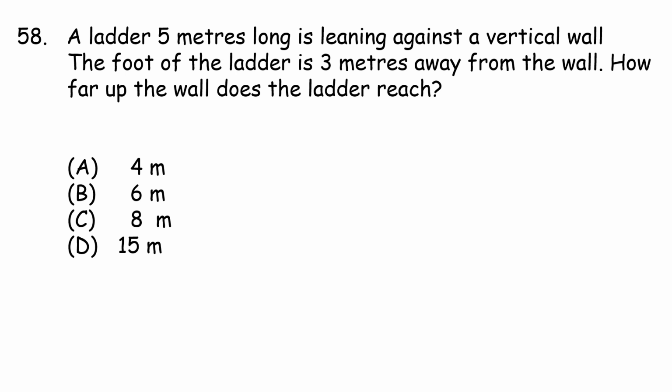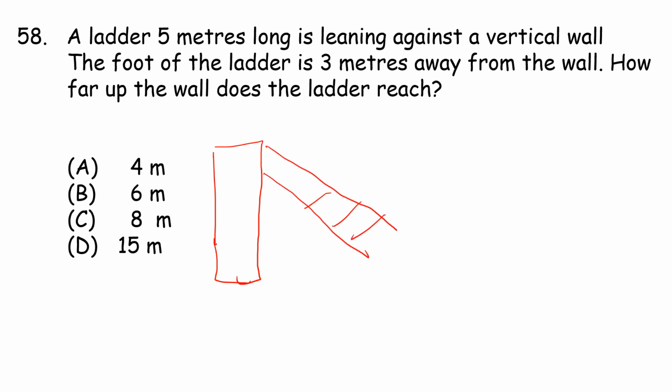Here we have a ladder. Question 58. A ladder 5 meters long is leaning against a vertical wall. So let's draw our wall, my imaginary wall here, and a ladder is leaning against the wall. There's a little sketch.